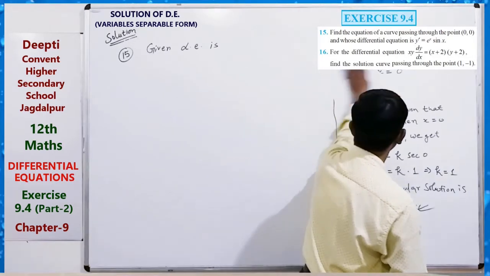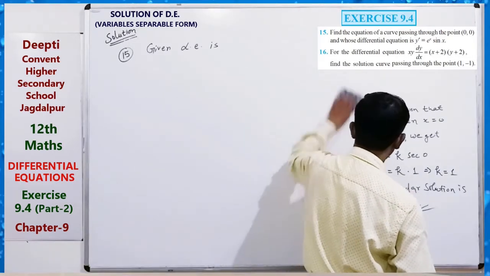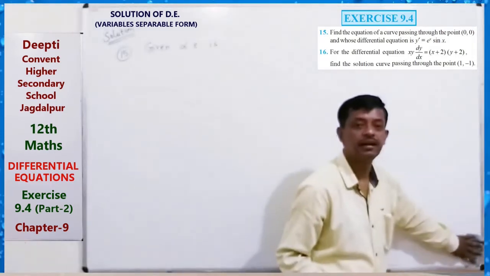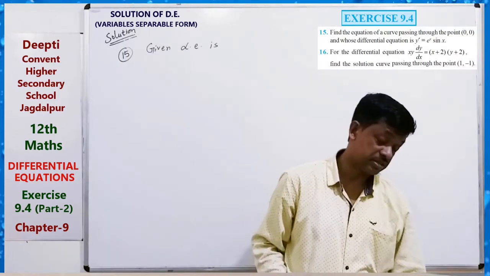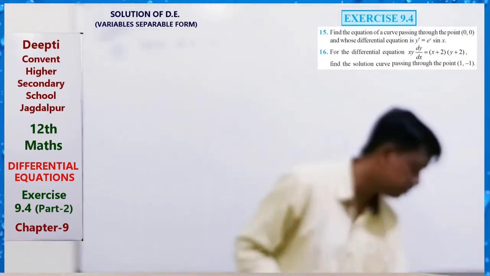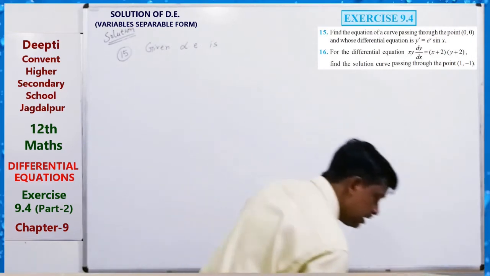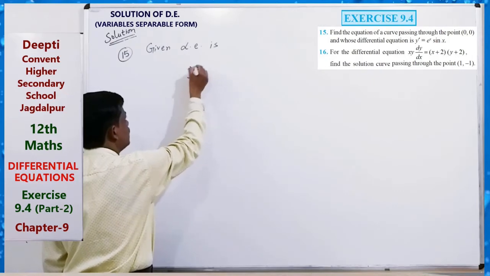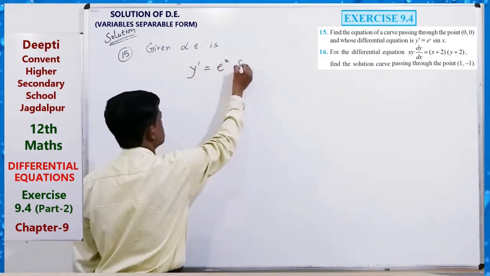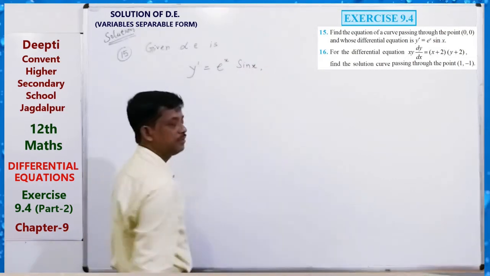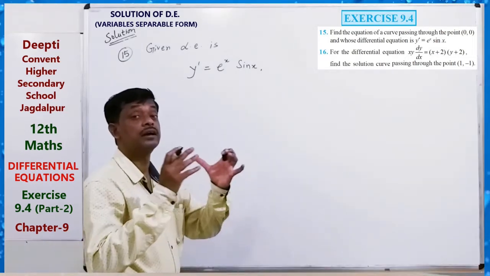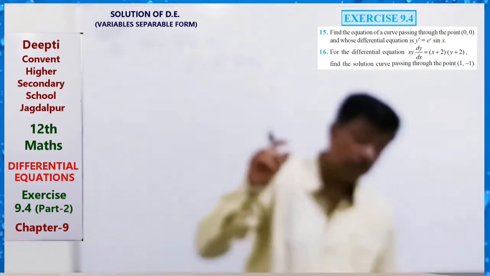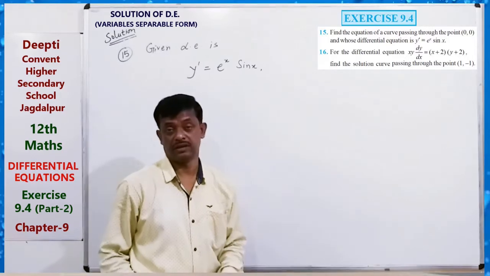So here the curve passes through the point (0, 0), that means x equals 0, y equals 0, which we have to put for finding arbitrary constants, because first of all we get a family of curves. Here the differential equation is given: y dash equals e to the power x sin x. We have to find a curve passing through this point, and the differential equation of that curve is given.